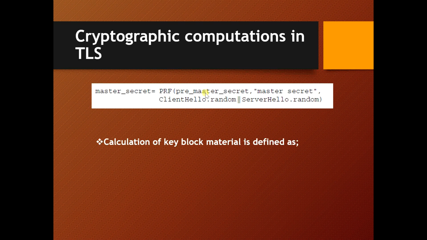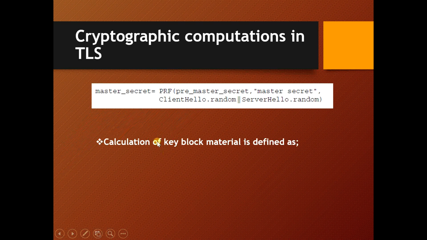Next, we need to look into the calculation of the key block material. For the calculation of the master secret, this algorithm is performed until 48 bytes of pseudo random output are produced. Next is the calculation of the key block material. Here TLS uses the pseudo random function to create the key material from the master secret.